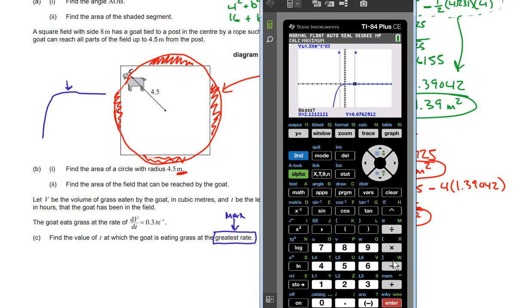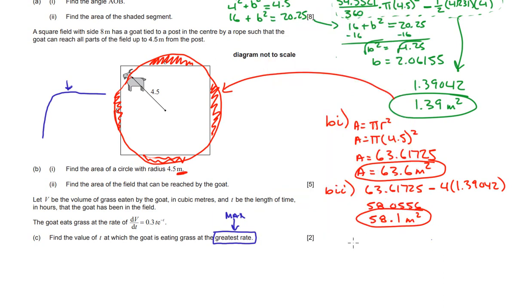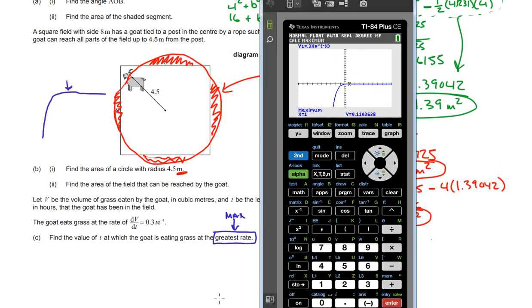If I do enter here, and it says give a guess, it's going to find the highest y value in there, and it gives us y equals 0.1103. So we end up getting 0.110 for the y.